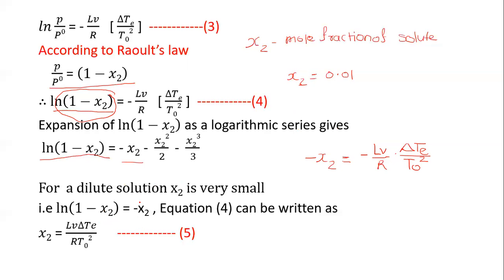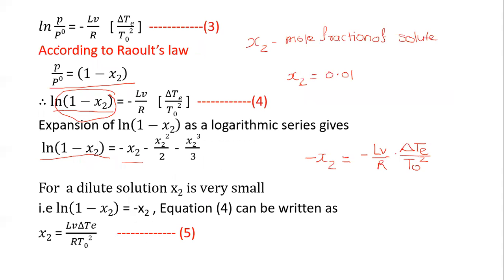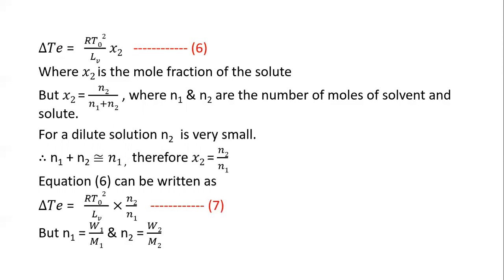Now equation 5 can be written with delta T on the left hand side. So delta TE is equal to R T0 square divided by LV into x2.